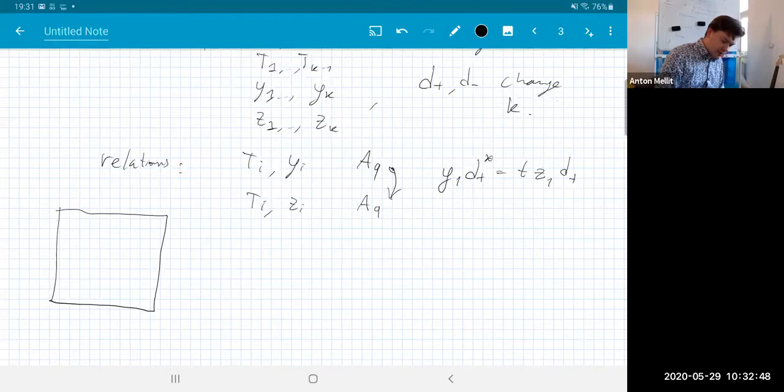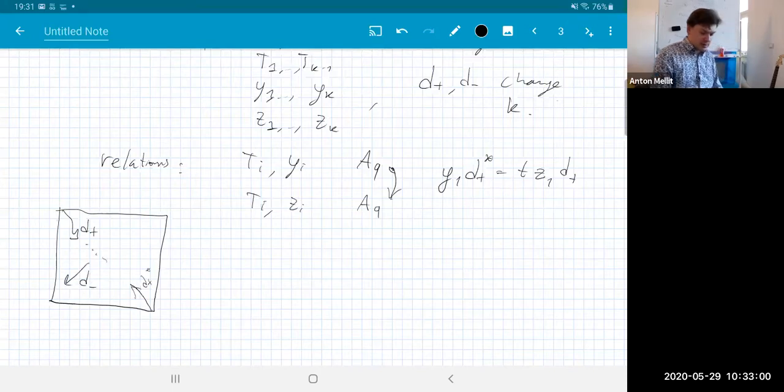On the rectangular presentation of the torus, there are two ways to create something, and I should take one way to kill something. So this is a thick strand.